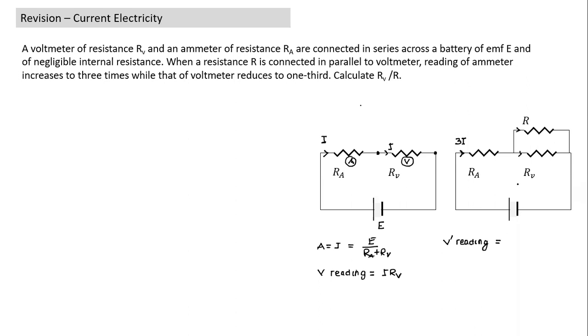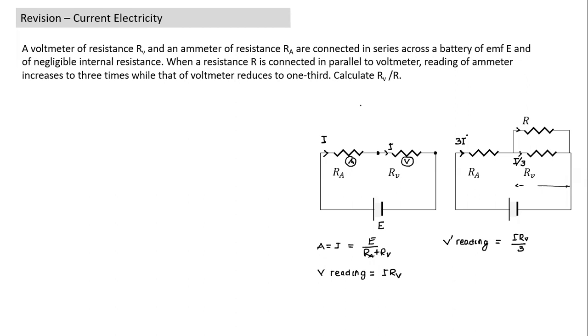The reading is equal to its potential difference across these 2 points, and this reading is I RB by 3. That implies the current here is I by 3. Current in the voltmeter has become 1/3. That's why the potential drop also became 1/3, hence the reading also became 1/3.